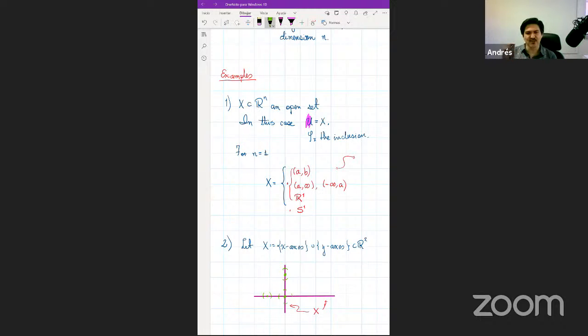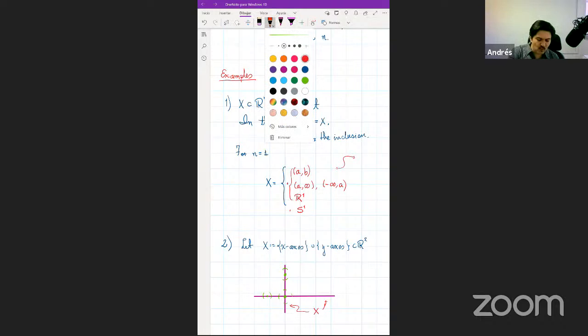If you remove the origin, how many connected components will you have? 4. But for an interval, if I remove an interior point, how many connected components do I get? 2. Hence, it's not. So any neighborhood of this point cannot be homeomorphic to an open interval. So this is not a topological manifold of dimension 1, okay?